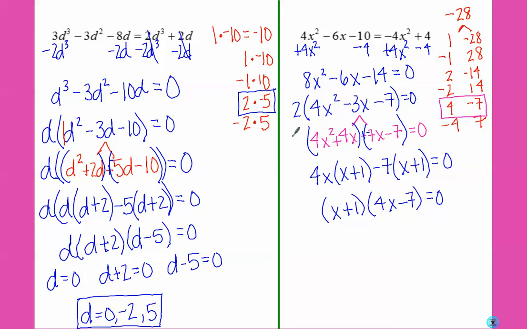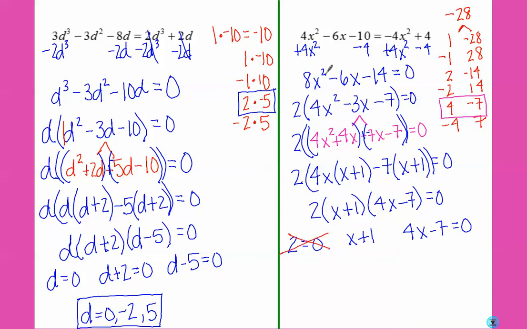Bring down our GCF from the original problem as a 2. Here's the 2. Here's the 2. Now again, we have 3 things being multiplied, so they should all technically be set equal to 0. Now, does it make sense for 2 to equal 0? No, there's no variable with the 2, so we don't need to worry about this.